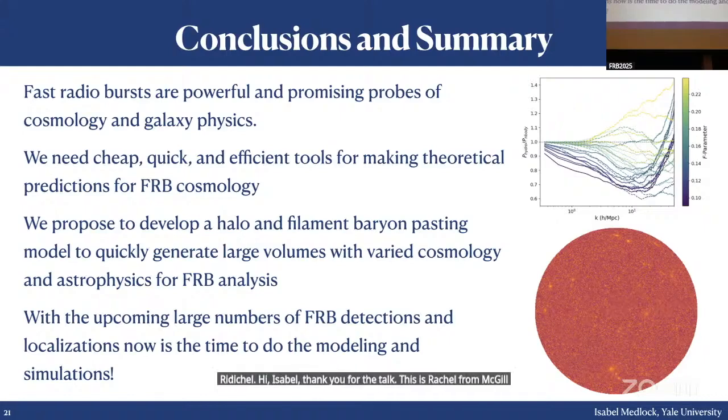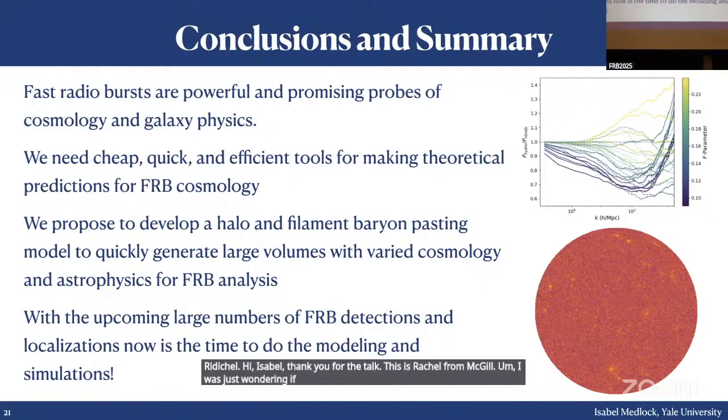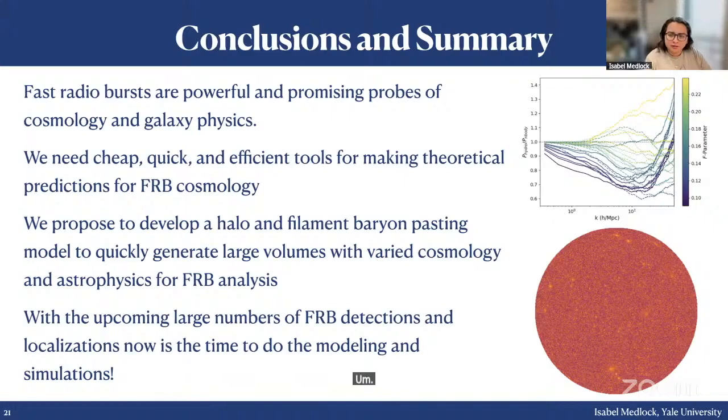I was just wondering if the pasting of the baryons affects the simulation based on how it could evolve to that point, or if it still works well. Sorry, I didn't quite understand the question. So you're asking if the pasting impacts the evolution of the simulation following that?